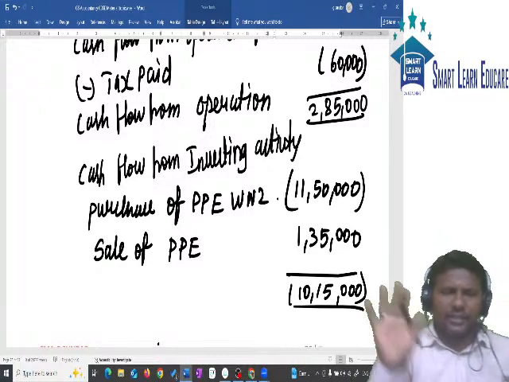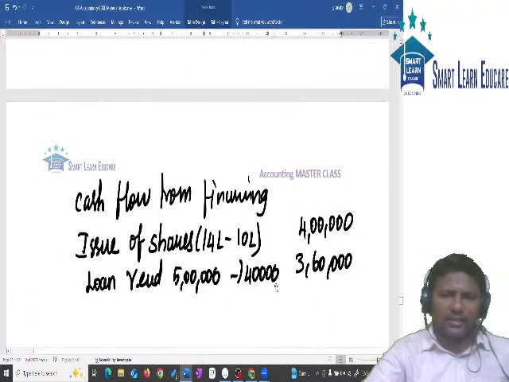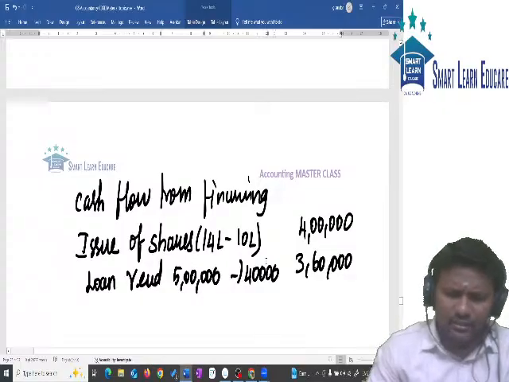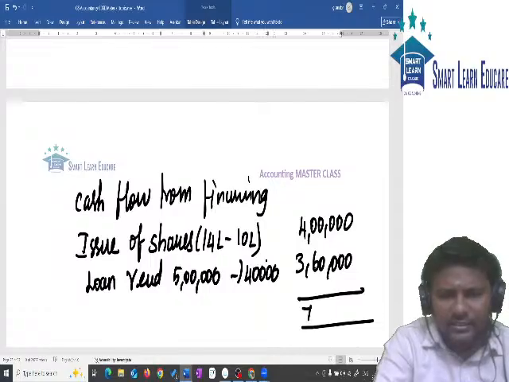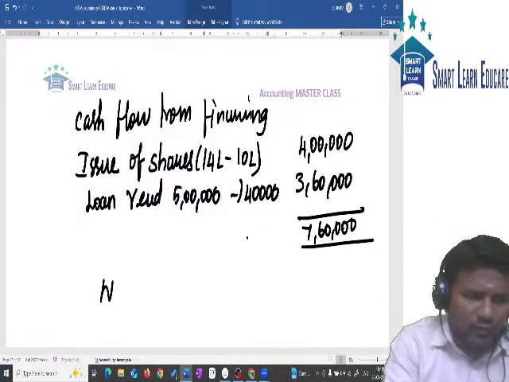Okay, operating activity oda cash flow 2,85,000. Investing activity oda cash flow outflow it is 10,15,000. Then financing activity oda total 4 lakh plus 3 lakh 60 will give you 7 lakh and 60, it is inflow.